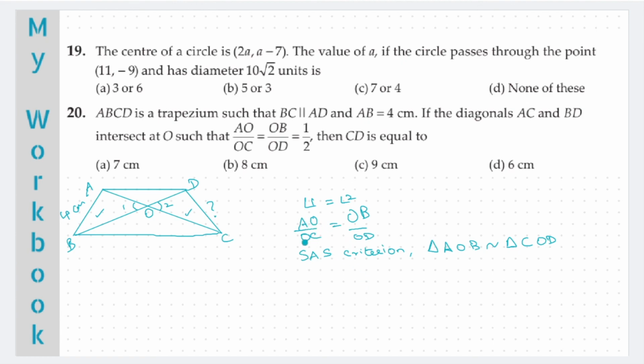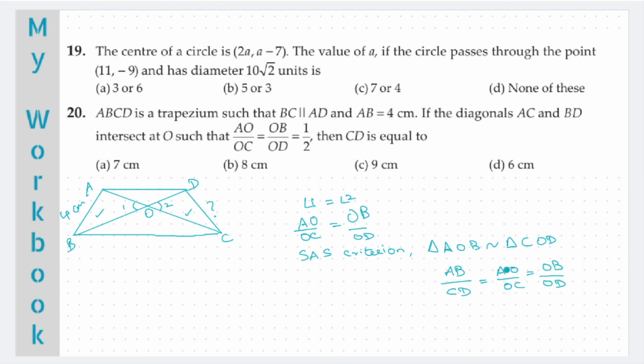because AO and OC are the corresponding sides. Similarly, OB and OD are the corresponding sides. So the naming will be AOB similar to triangle COD. When the two triangles are similar, we can say that the corresponding sides are proportional. So we will have AB by CD is equal to AO by OC, which is also equal to OB by OD.